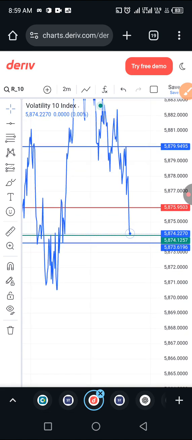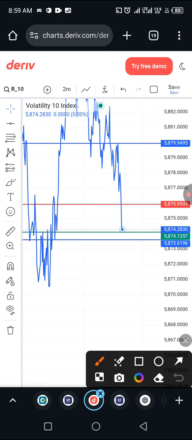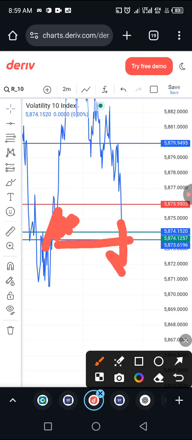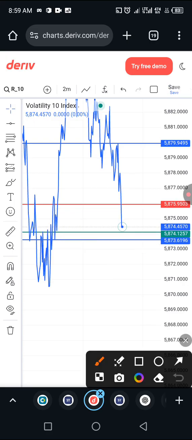Now from the left hand side, we are going to see that there is a low here and it breaks that low. It breaks this blue line here. Then our point of interest is at this green zone here, and we expect that the market, no matter how long it goes, can never get to this red zone here.